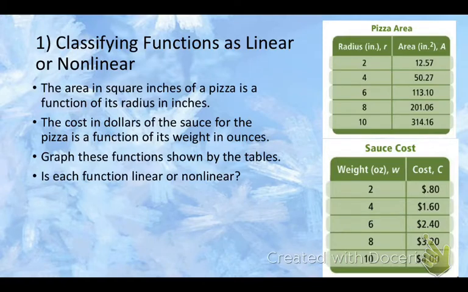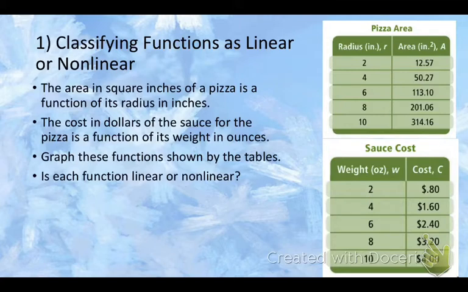So how can we look at and classify functions as linear or nonlinear? So we've got two things here, pizza area and the sauce cost of the pizza, and we need to classify them as linear or nonlinear. The area in square inches of a pizza is a function of its radius in inches.